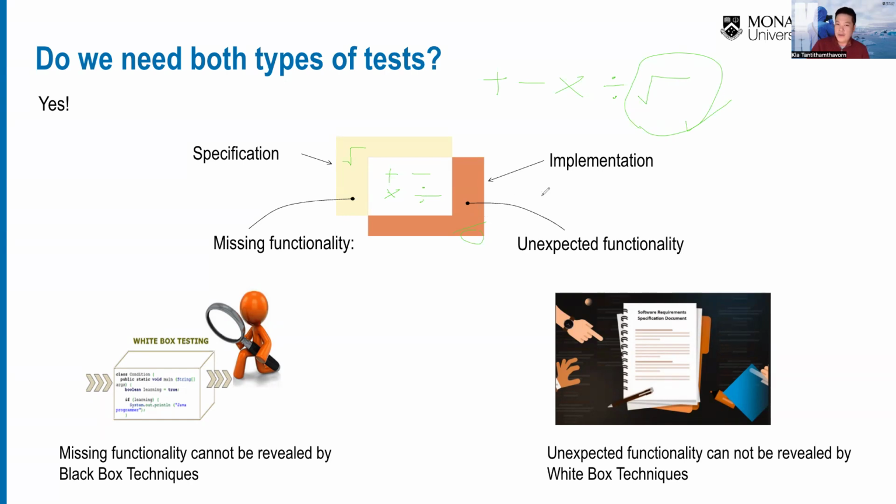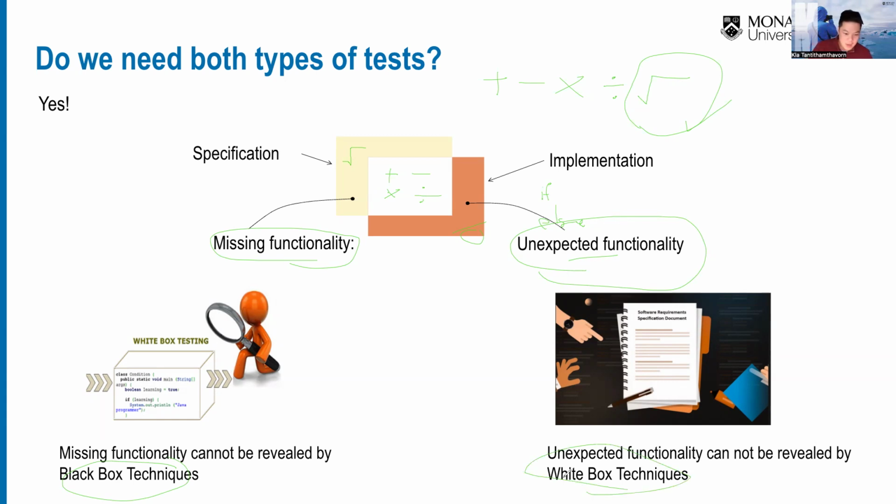So you need to implement, let's say, an if and else, and if the division is by zero, then you need to throw an error or print a message that our calculator cannot divide by zero. So to identify the missing functionality, you need the black box software testing technique. If you want to identify the unexpected behavior or unexpected functionality, you need the white box software testing technique.